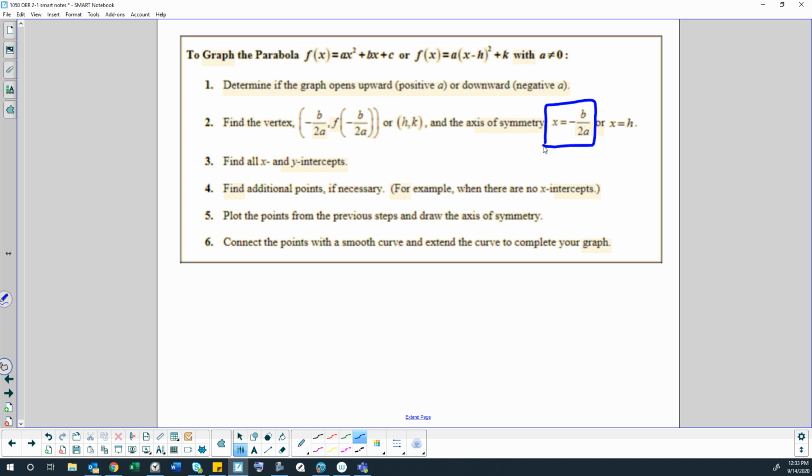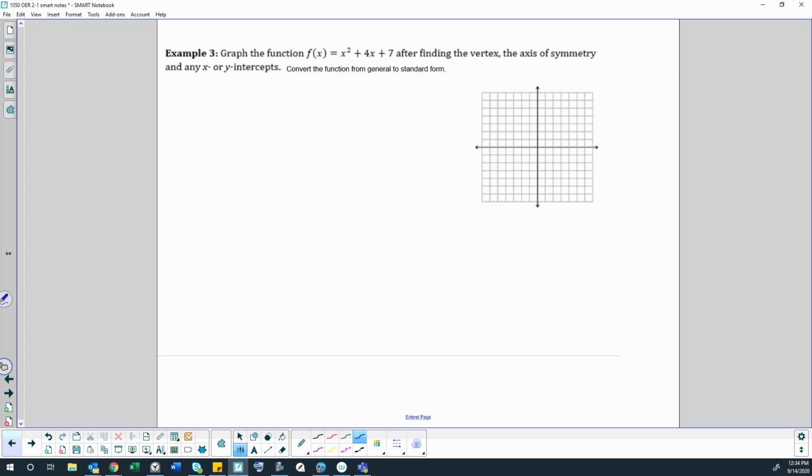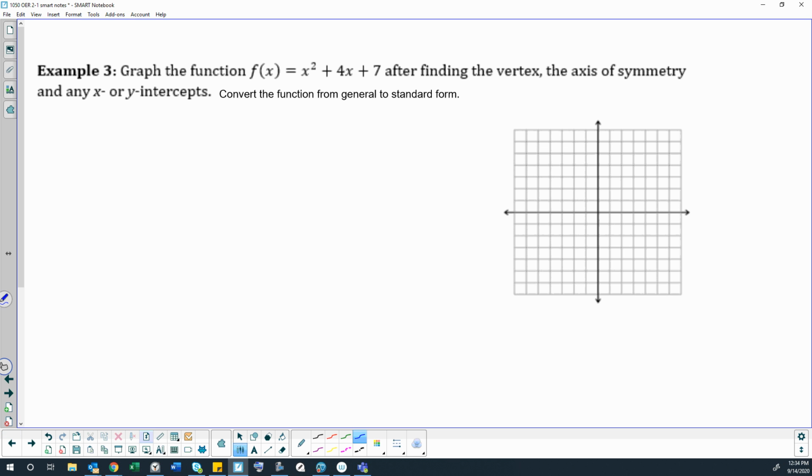So maybe if you'll be patient with me here, we can go through this problem with the formula instead of completing the square. Does that sound good? We're going to use x equals -b over 2a to find h, and then we plug in h.